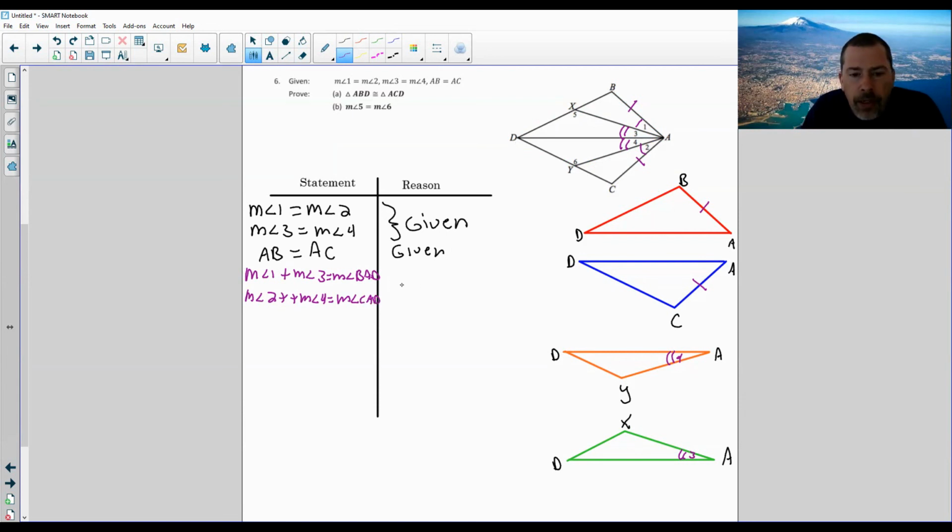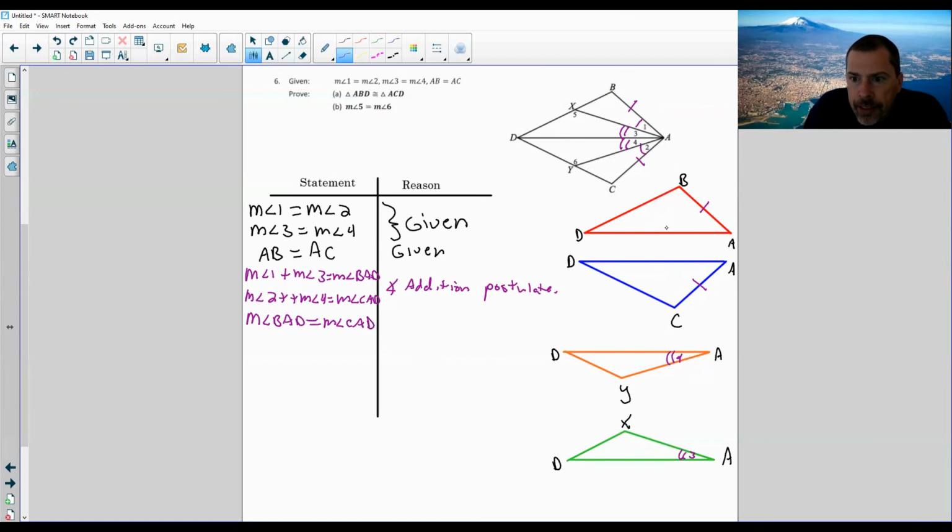The reason for that is the angle addition postulate. So now I can say the measure of angle BAD is equal to the measure of angle CAD.